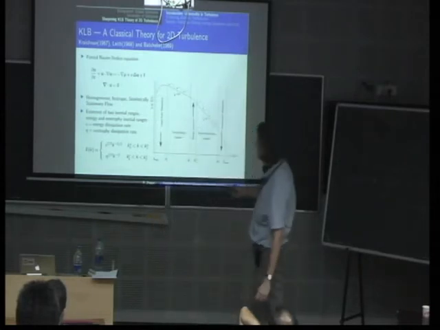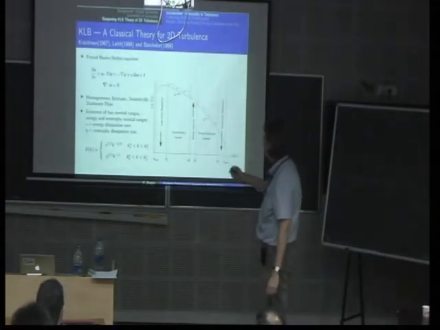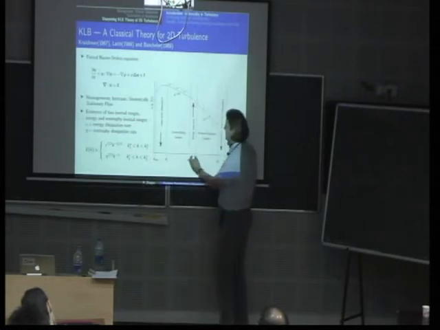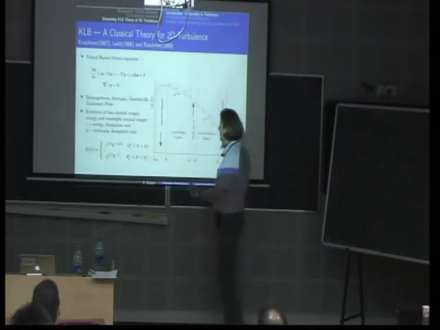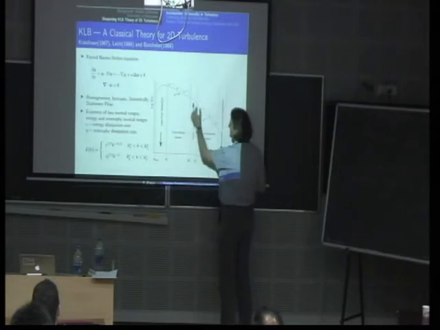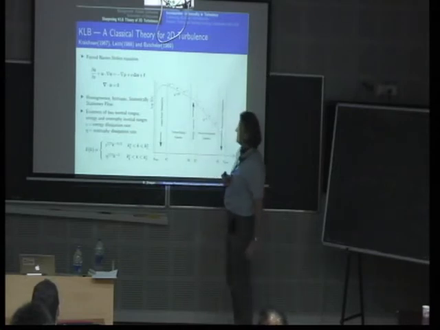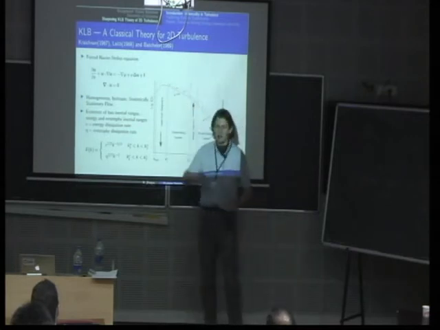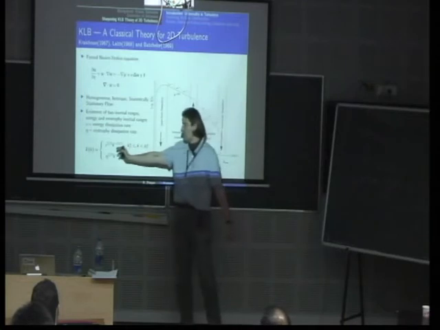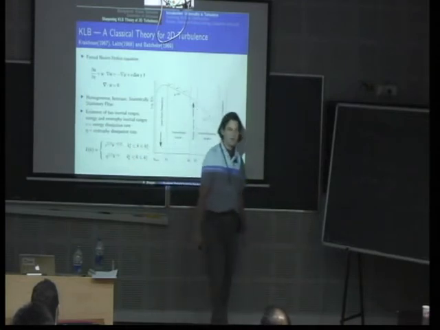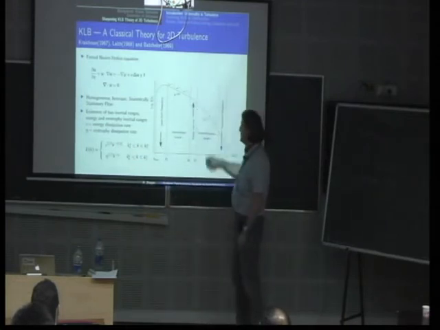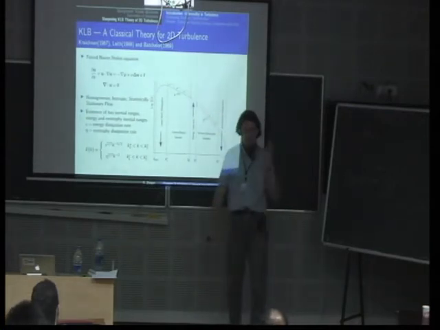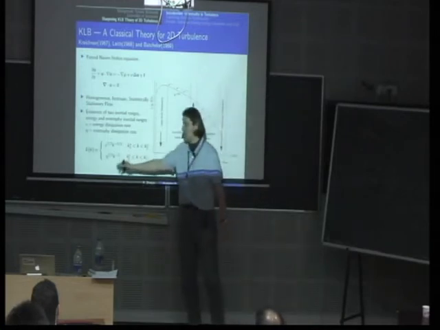The key result due to these three scholars predicts the following. If we imagine that the forcing on the right-hand side is localized in this band of wave numbers, then this theory predicts that the energy will cascade to lower wave numbers, meaning larger scales, and will exhibit a power law with the exponent minus 5/3, while enstrophy will cascade to higher wave numbers, meaning smaller scales, exhibiting an exponent of minus 3.